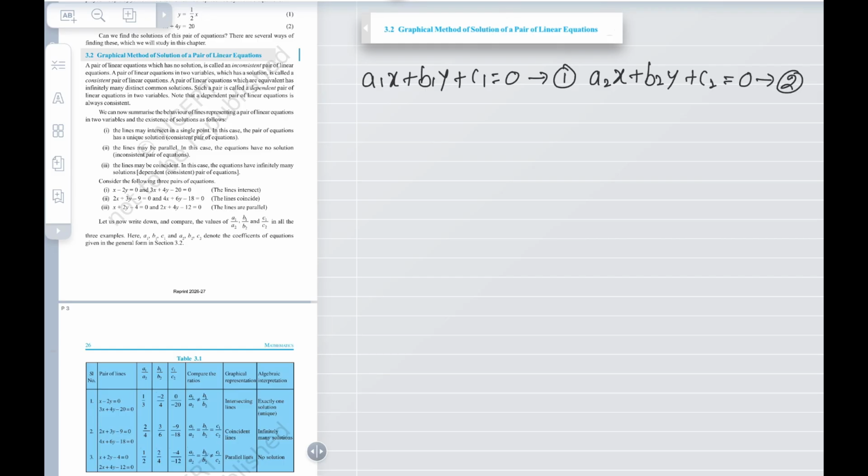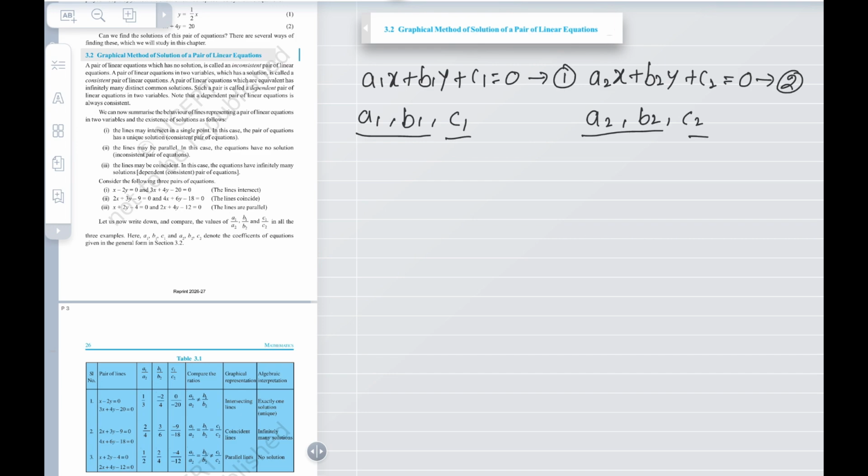Here you can observe a1, b1, c1, a2, b2 and c2. a1, b1 are the coefficients of x and y, a2 and b2 are the coefficients of x and y, and c1 and c2 are the constant terms.